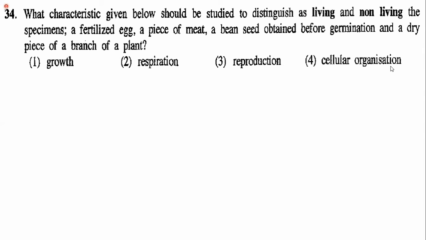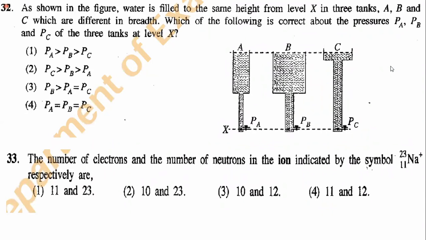As shown in the figure, water is filled to the same height from level X in 3 tanks. Level X is the level to which each of the 3 tanks is filled.